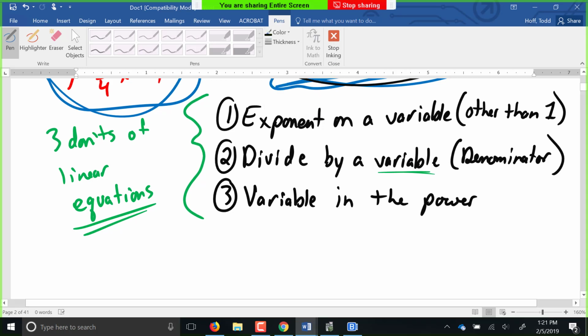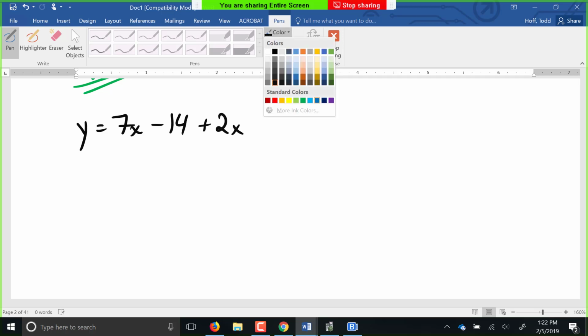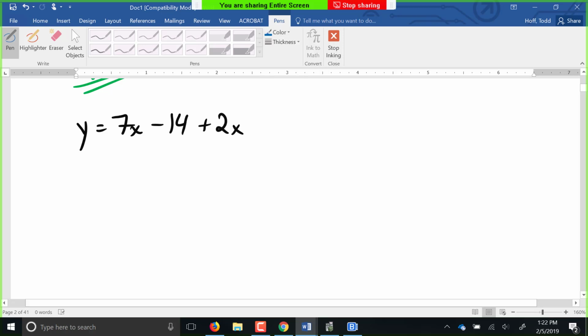So using those, I can very quickly look at an equation and decide if it's linear or not. Is that equation linear? Yes, it can simplify to y equals 9x minus 14.